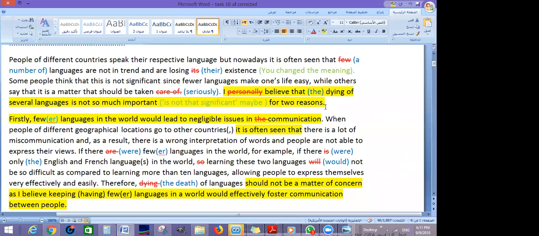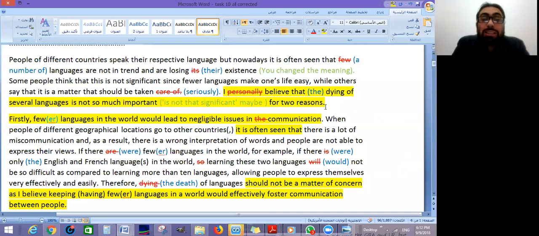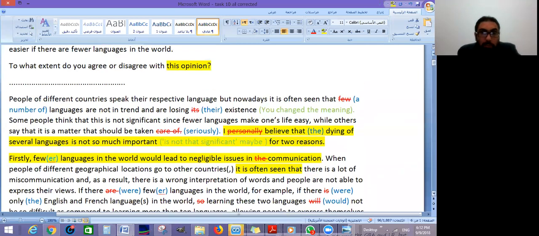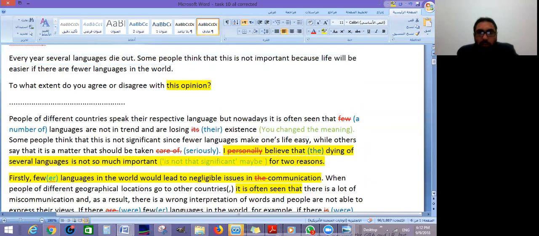I completely agree with the statement. Okay, but look at what the statement is saying. We have to be careful here because the statement is saying it's not a significant problem, it's not a big problem. Some people think that this is not significant, so it's not a big deal. Let's take a look at the question itself. Some people think that it's not important because life will be easier.